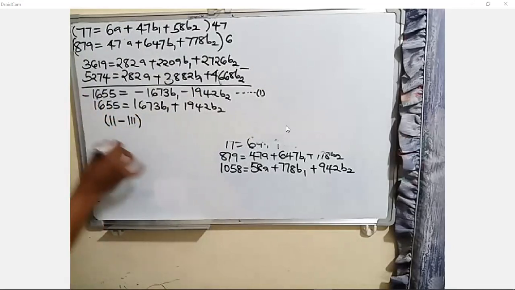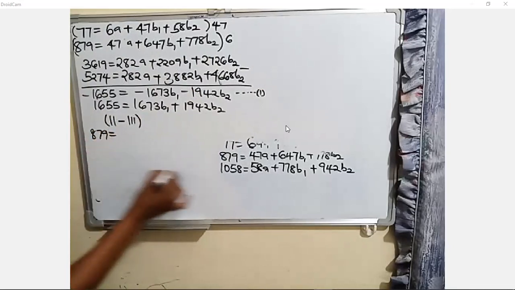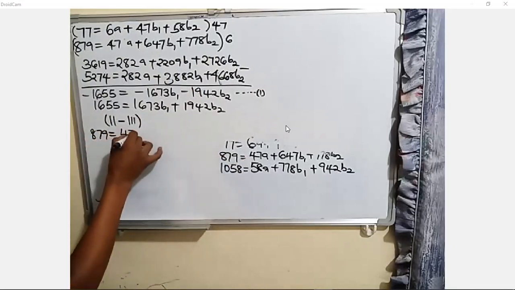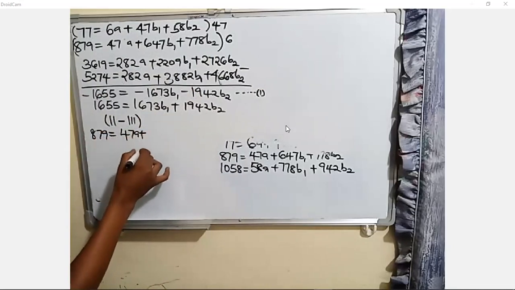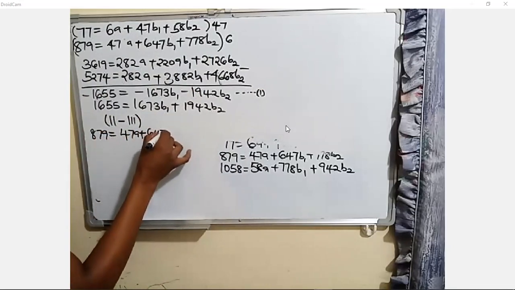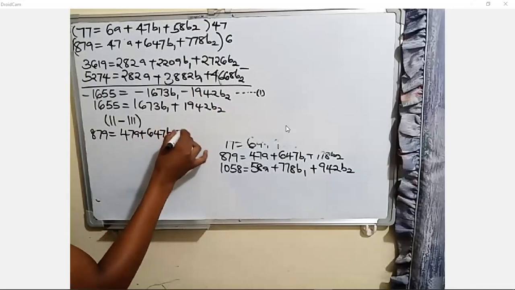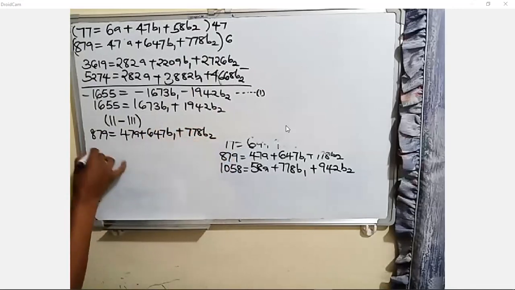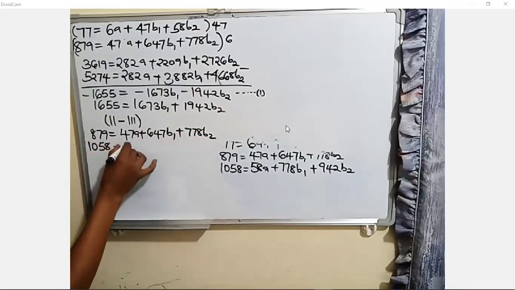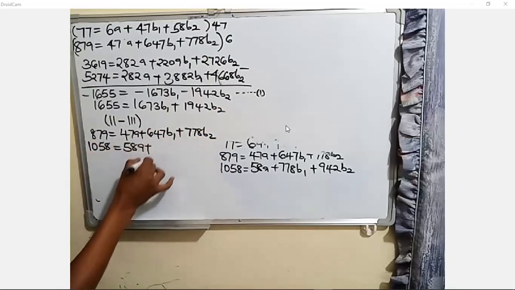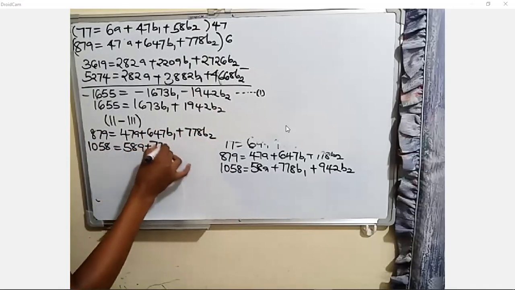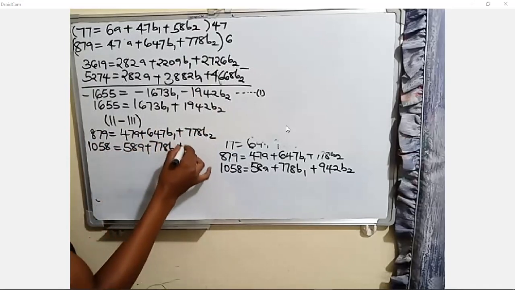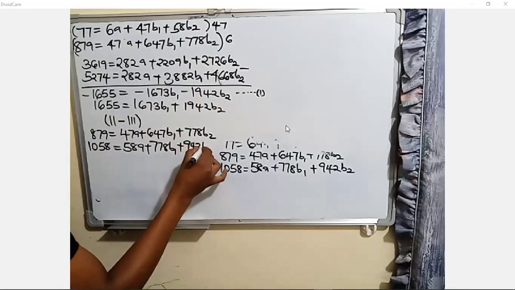So in this case, I take 879 is equal to 47a plus 647 b1 plus 778 b2. Then the other one is 1058 is equal to 58a plus 778 b1 plus 942 b2.